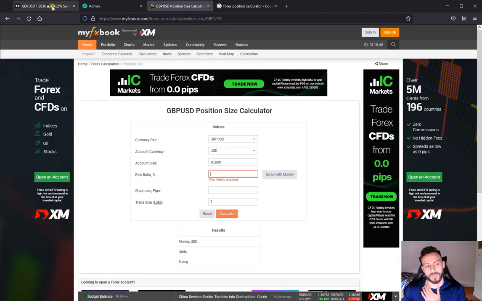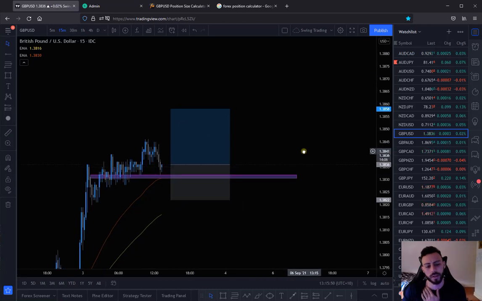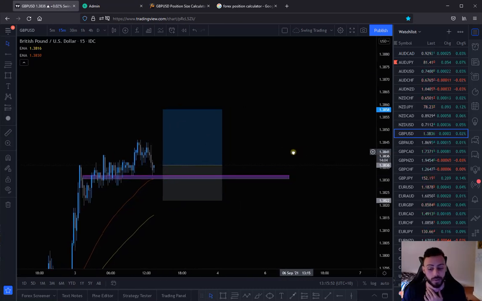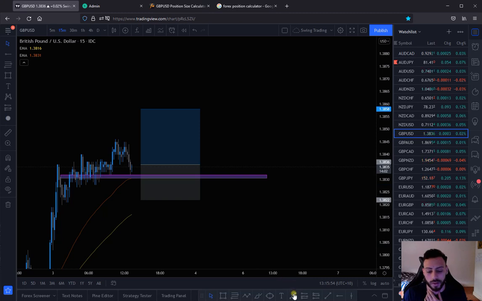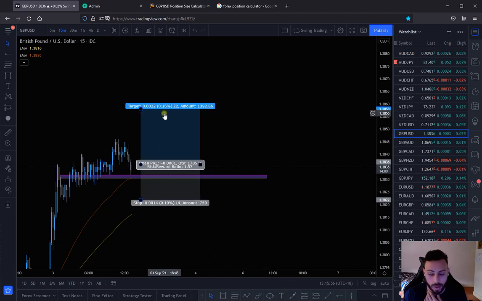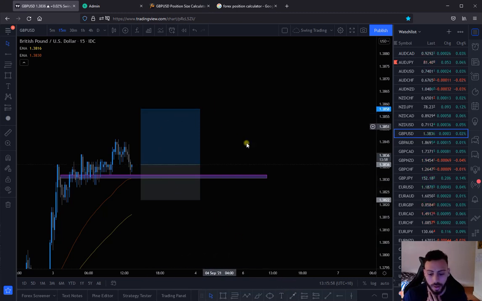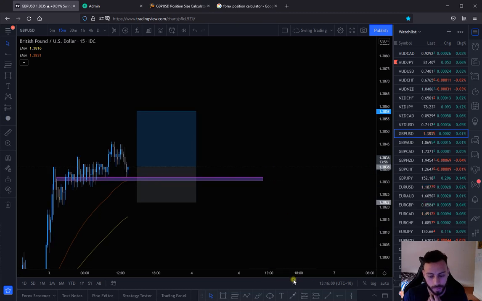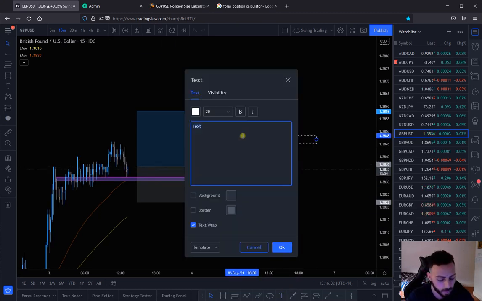Now I always say risk 1% a position. So if you're going to have a one position trade, risk 1%. Let me actually write it down for you to make it easier. With one take profit, you risk 1% of your account.